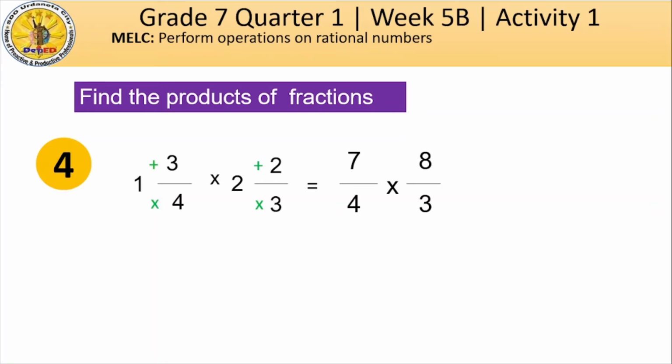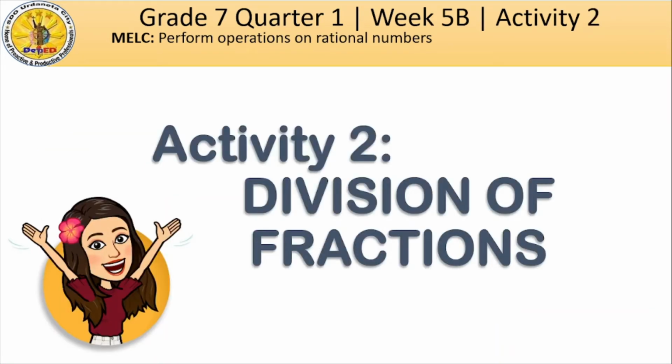And since both fractions could still be reduced into lowest terms, since 4 and 8 are both divisible by 4. So 4 divided by 4 is 1, and 8 divided by 4 is 2. And then, we multiply. 7/1 multiplied to 2/3 results to 14/3.